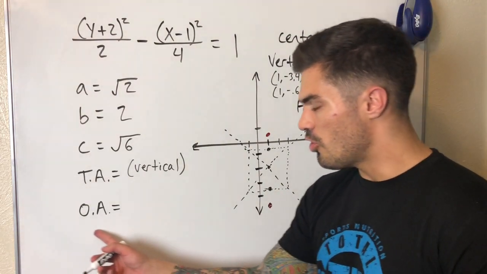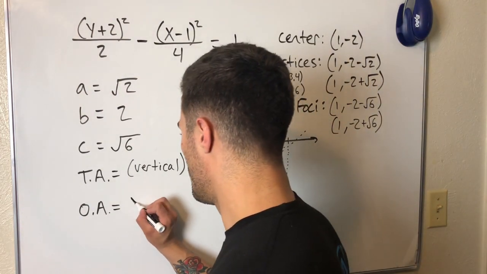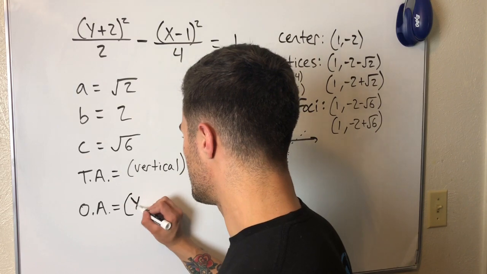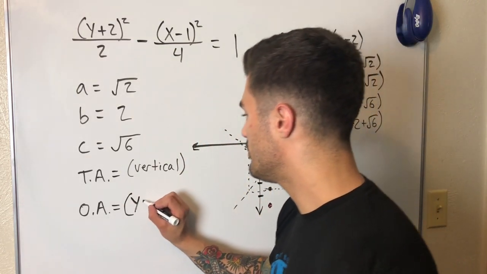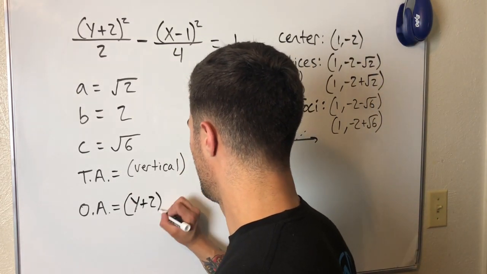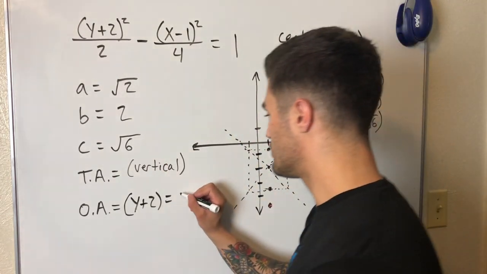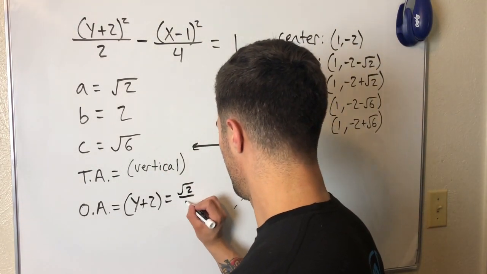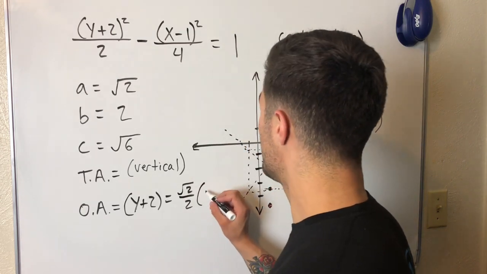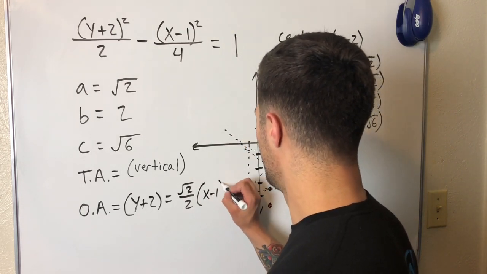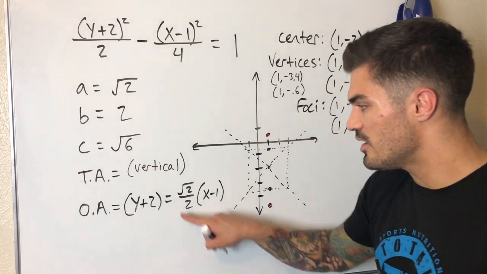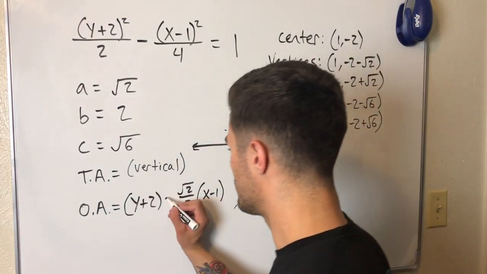So my oblique asymptotes are y, and I have to use that center point. Y plus 2 equals A over B, so I have root 2 over 2 times x minus 1.